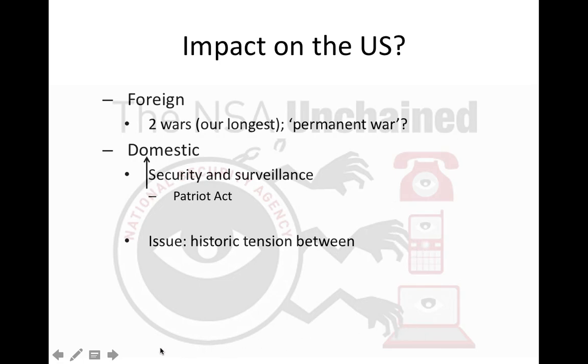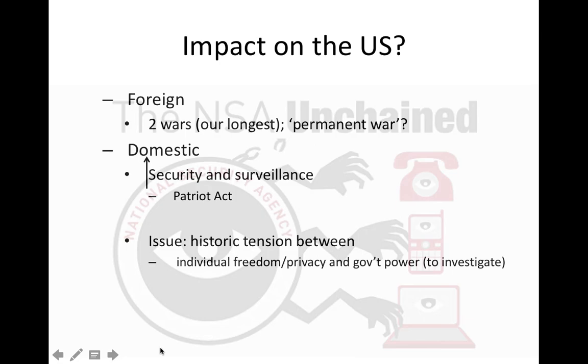And they needed less reason to do so in terms of before you needed a probable cause or a warrant, and now that it kind of opened up the federal government's ability to investigate and spy on people in large numbers without necessarily having to target one or two specific people.